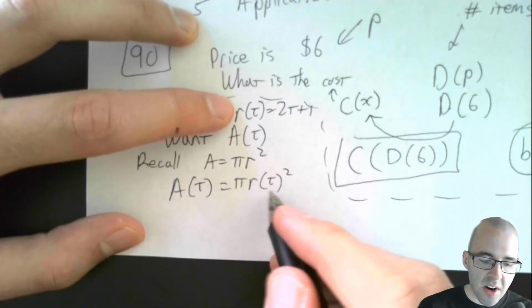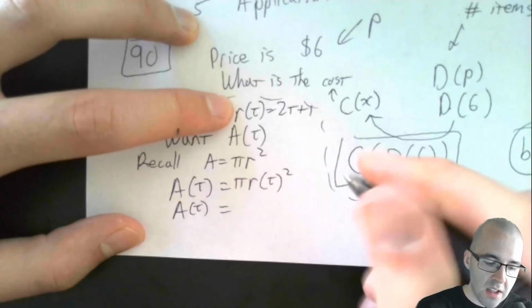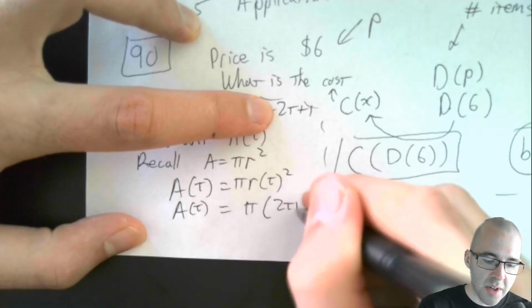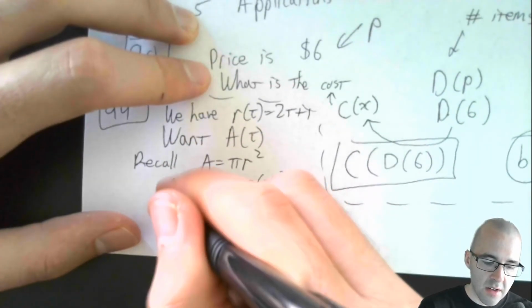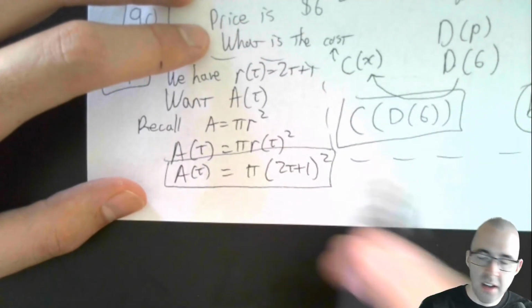Well, what's that radius? It's r of t. The area over time is going to be pi times the radius, which is 2t plus 1, squared. Okay. And that's our answer.